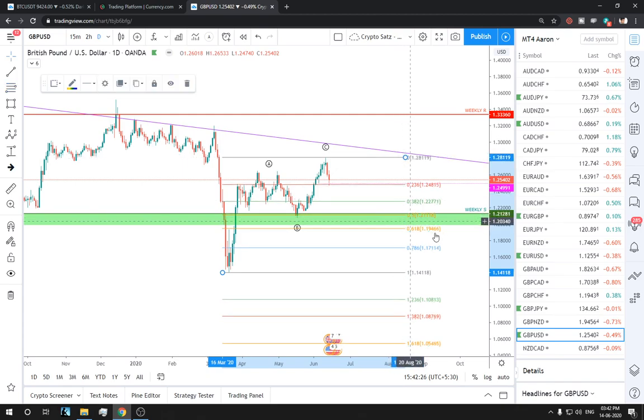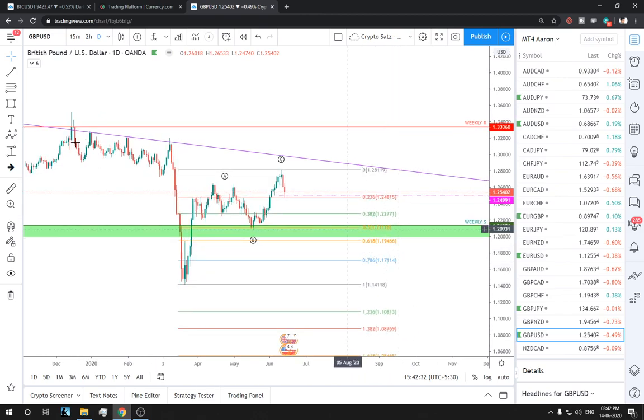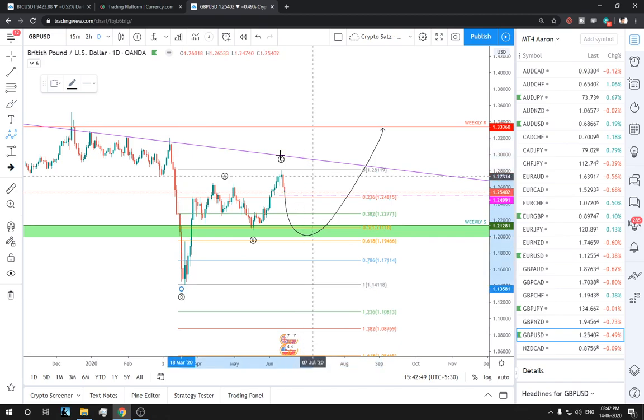So nice confluence of support out here at the 0.5 and 0.618 fib ratio. So in this, possibly a B wave, and then we move to the C wave, either this resistance. So I think this will break. So we will look for weekly resistance, which is around here, for the possible C wave, which would be like A, B and a C.